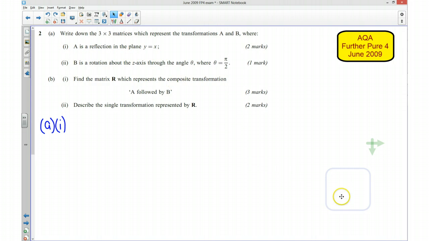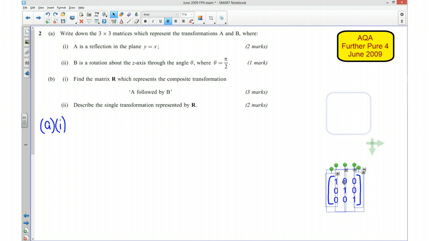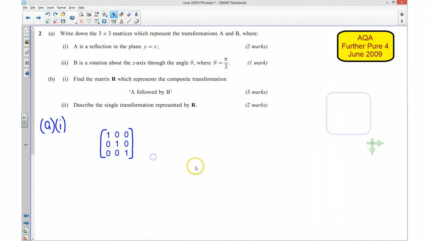So if we think about our identity matrix, which I've got here, and we have a reflection in the plane y equals x, what's happening there is our y and our x are swapping places. So our y coordinates will become our x coordinates, and vice versa.